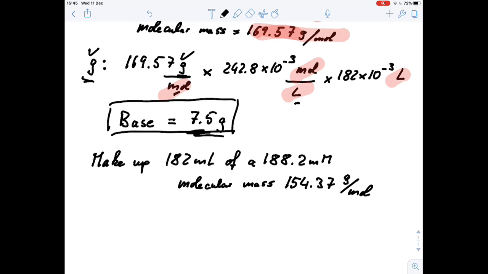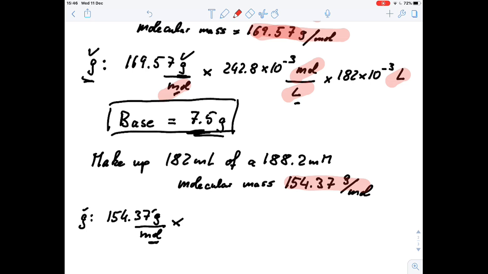So I do my grams, that is what I'm looking for. I have my grams in here. So I have 154.37 gram per mole times, now the grams is in the right place, I just need to get rid of the mole. Do I have mole anywhere?